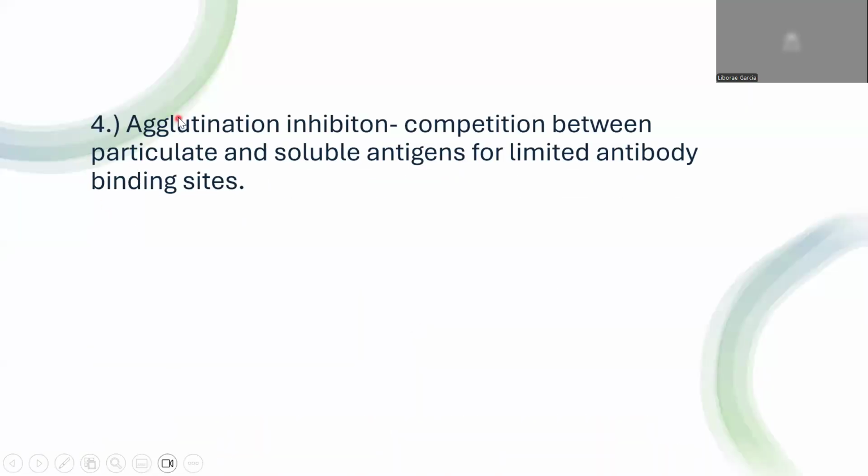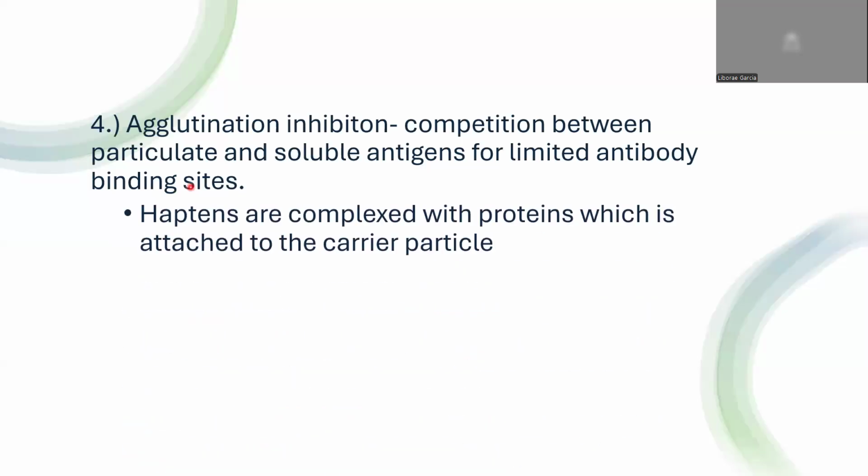Another type of agglutination would be your agglutination inhibition. So it's a competition between particulate and soluble antigens for limited antibody binding sites. So haptens are complexed with proteins which are attached to the carrier particle. Haptens in themselves, on their own, are non-immunogenic.